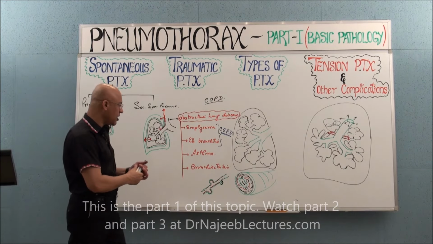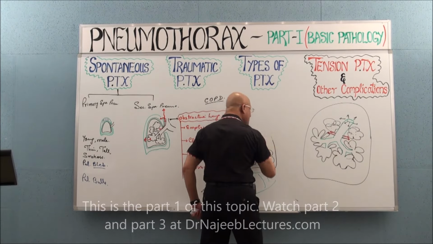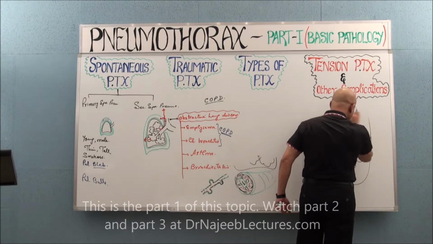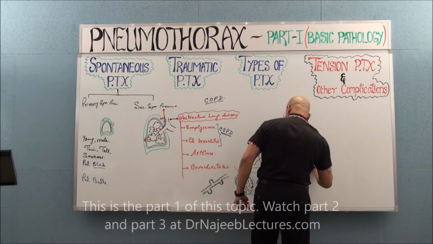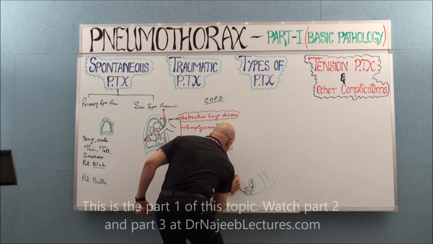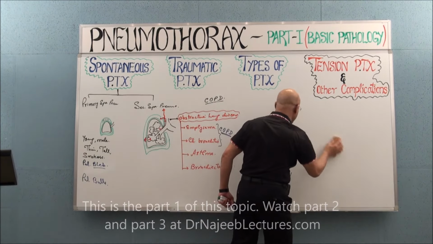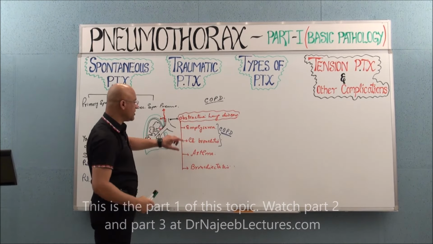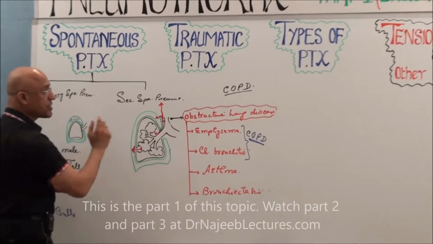Then another group of diseases of the lungs is destructive and cavitary lesions of the lung. Already we have discussed obstructive lung diseases, in which two of them are COPD. But there can be other underlying pathologies.